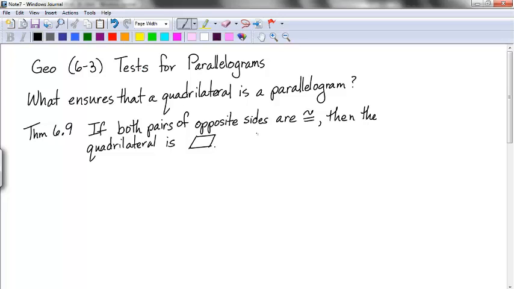Okay, and you may want to do this on the parallelogram if both pairs of opposite sides are congruent. So if we mark these two congruent and these two congruent, then yes, it is a parallelogram.